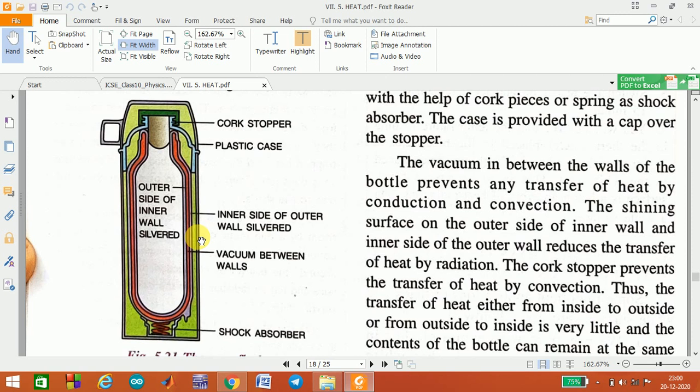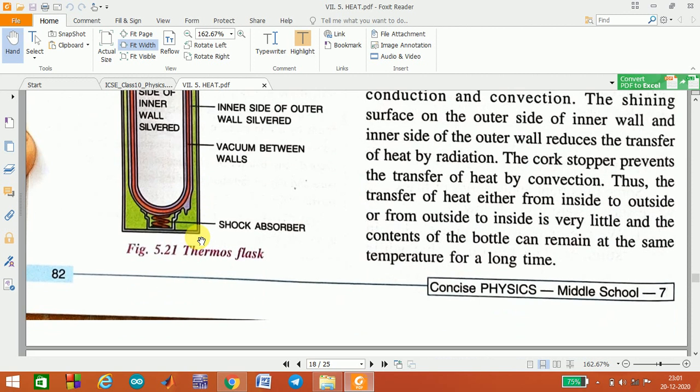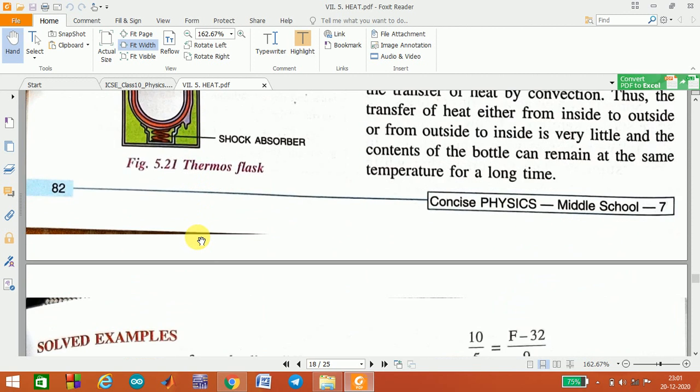The cork stopper prevents the transfer of heat by convection. Thus, the transfer of heat either from inside to outside or from outside to inside is very little. That's why it can hold cold and hot temperatures for a long time. So this is the reason.